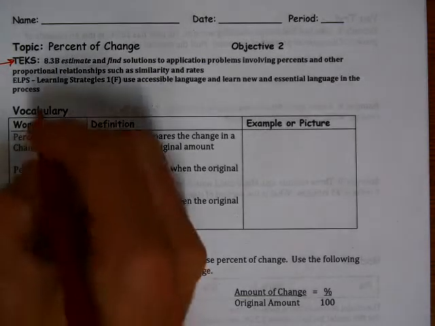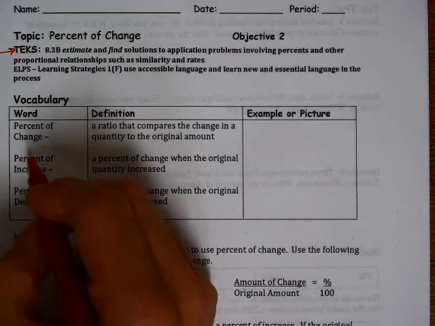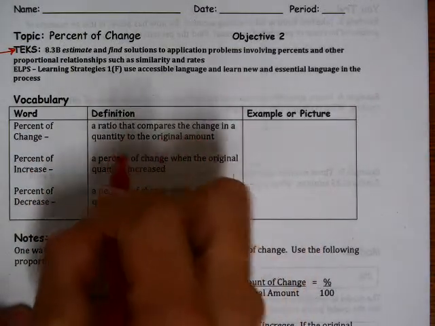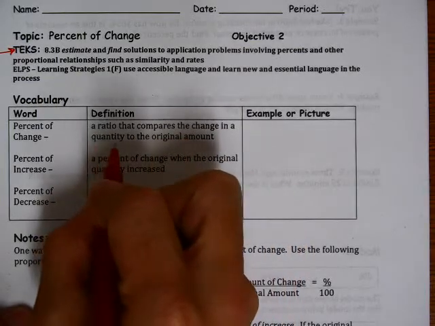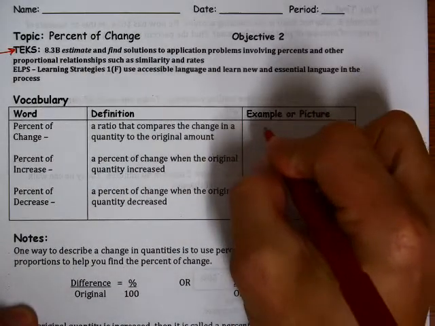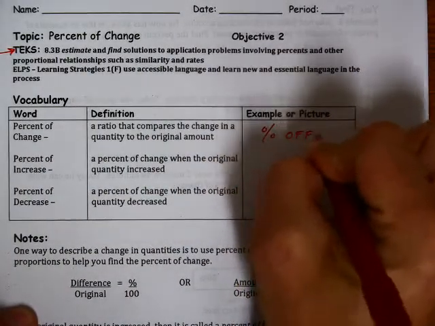When we talk about vocabulary, let's look down at our vocabulary box. Percent of change. It's a ratio that compares the change in a quantity to the original amount. Something like if something cost $50 and then it was on sale for $40, what was the discount? What was the percent off? So something like that would be an example.